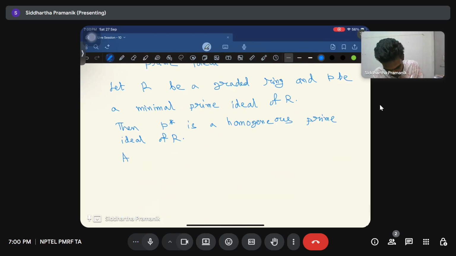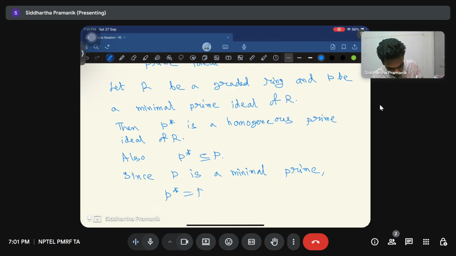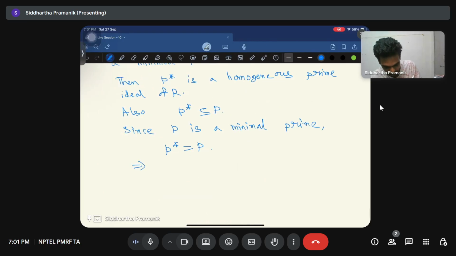Also, P star is a subset of P, because P star is the largest homogeneous ideal inside P. But since P is a minimal prime, P star has to be equal to P. And that will imply P is a homogeneous prime ideal, because P equals P star.